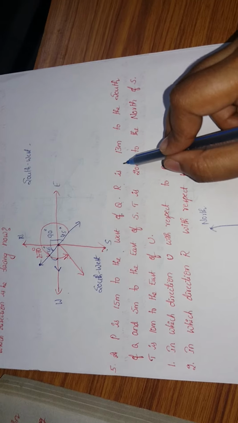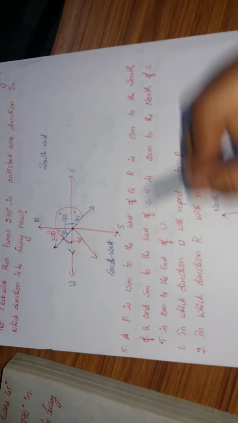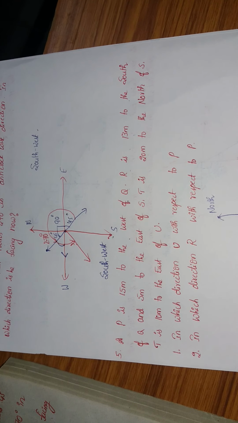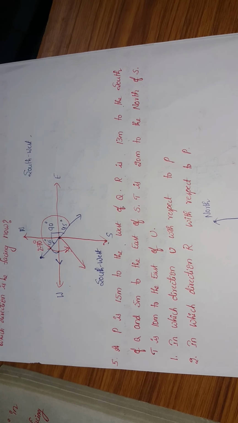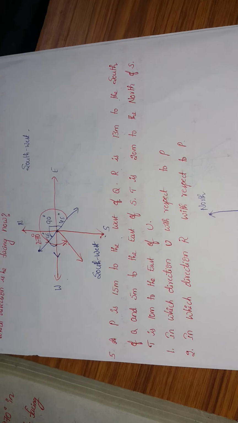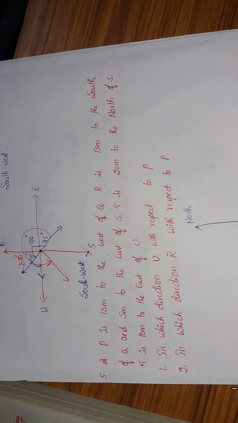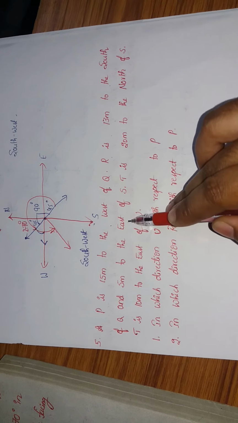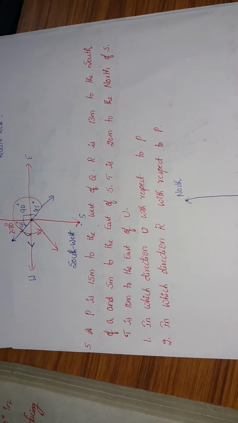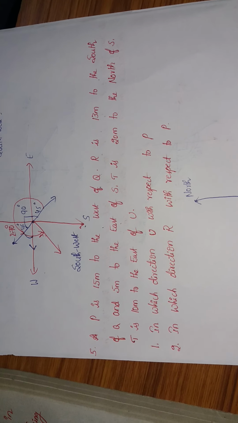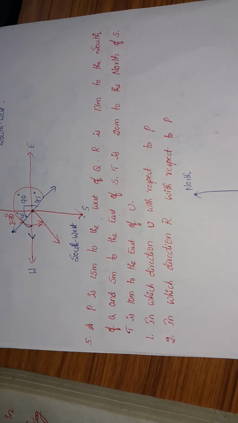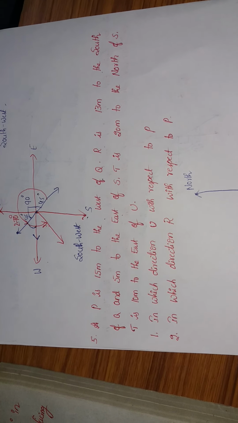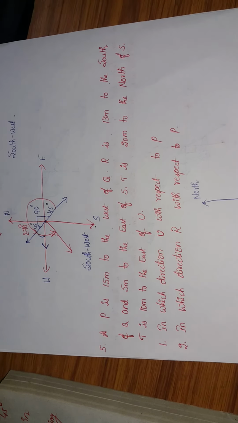Next, R is 13 meters to the south of Q. South of Q, at 13 meters, R is present here. And then 5 meters to the east of S.